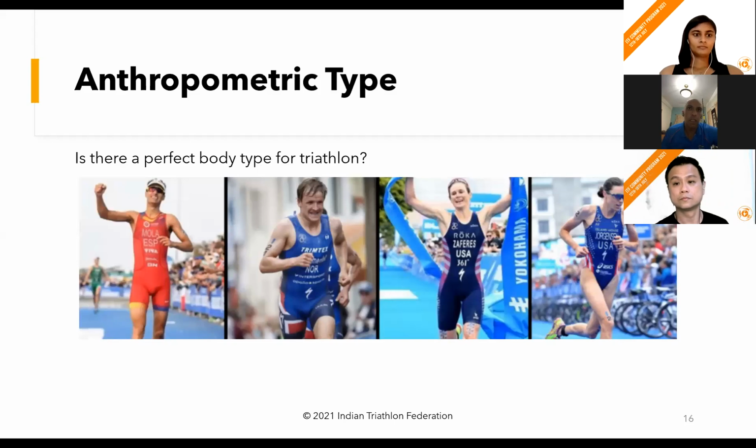The question I want to ask some of you guys is, do you think there is a perfect body type for triathlon? No? Okay. And why do you say no? If you were to look at all 4 of these guys, okay, not perfect, but ideal. Can you explain more to me in ideal?